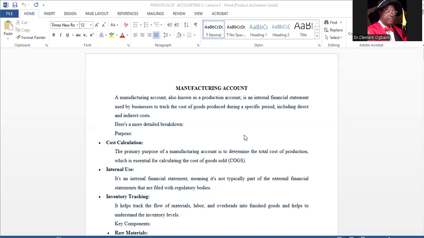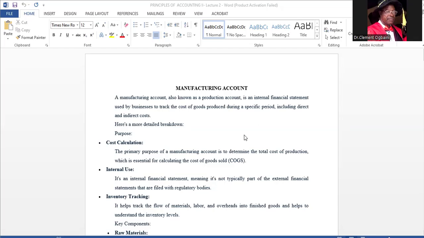The trading profit and loss account is made for organizations or companies that don't manufacture anything. Rather, they are just into buying and selling, like ShopRite, Just Right, and others.